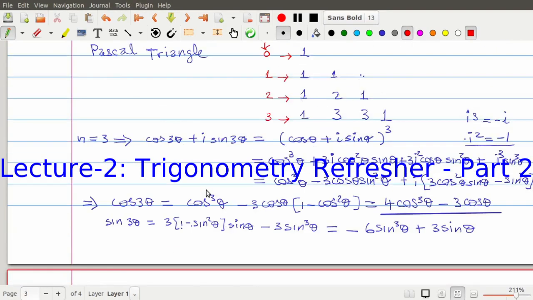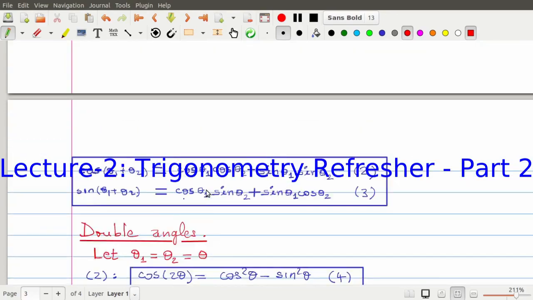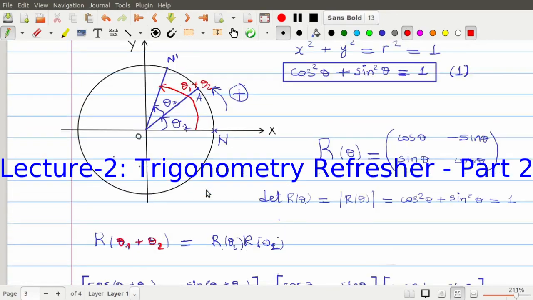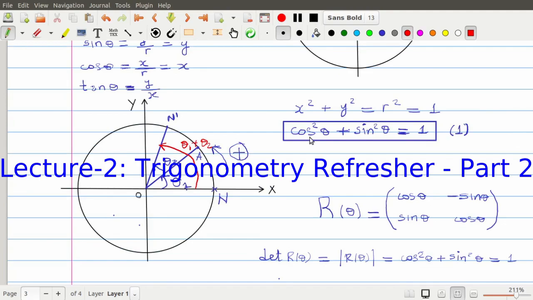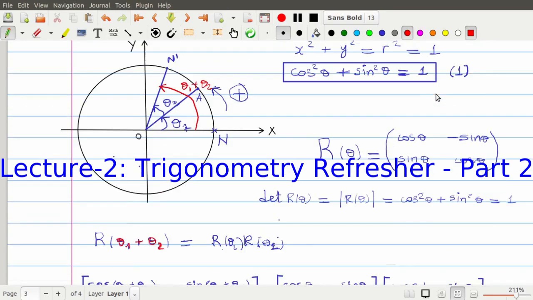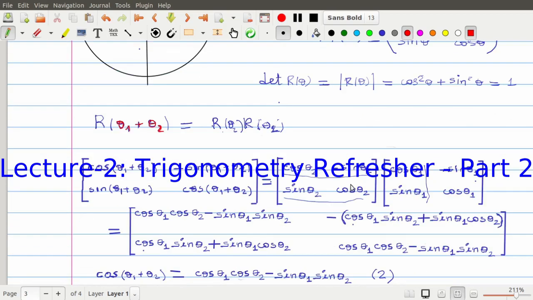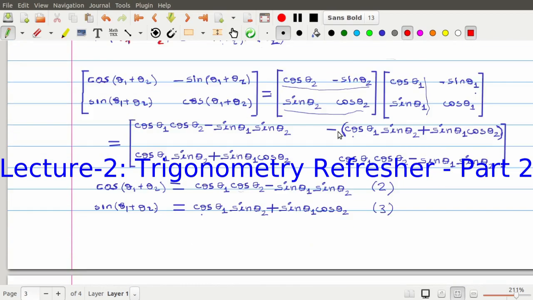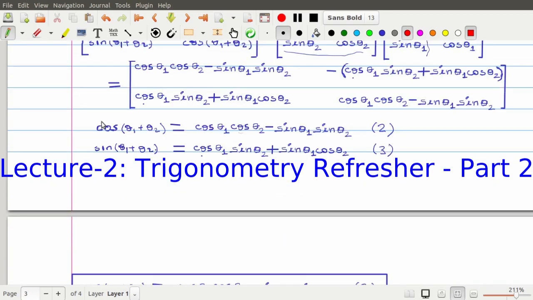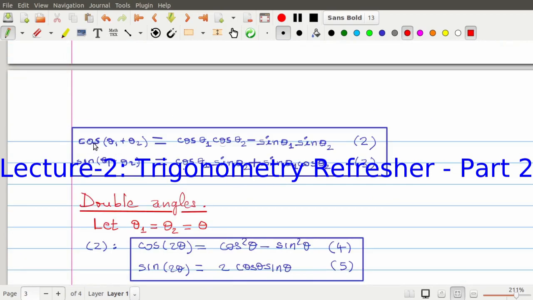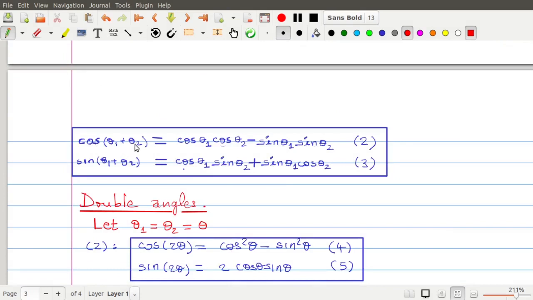Last time we derived formula 1, cosine squared theta plus sine squared theta equals 1, and we used this rotation transformation to derive formulas 2 and 3, that is the cosine of the sum of angles and the sine of the sum of angles, and similarly for the difference.